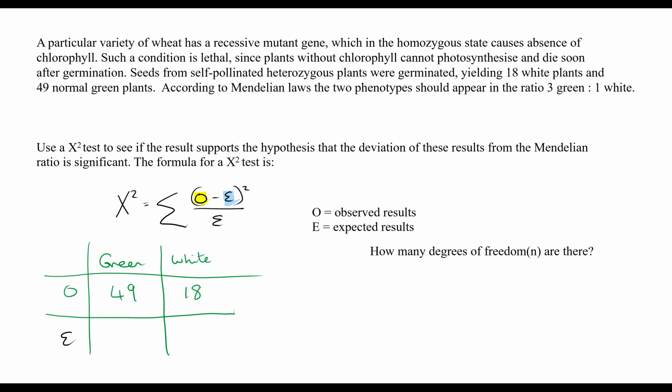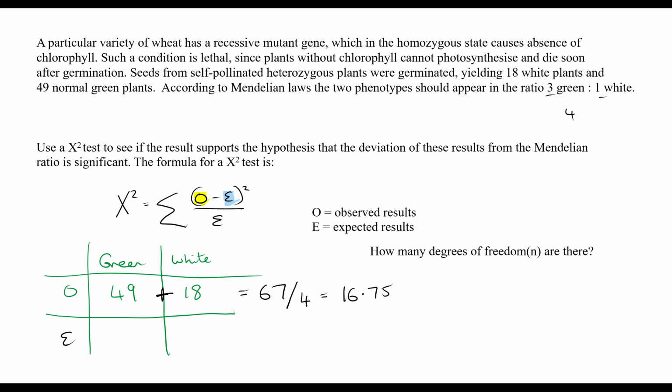To work out our expected frequency, we add these two together. So 49 plus 18 will give us a total of 67 plants. We need to know, well, 3 plus 1 is 4. So if we take that 67 and divide it by 4, that will give us 16.75.